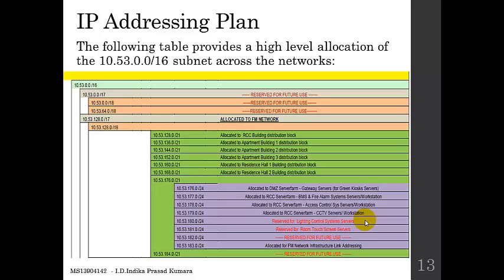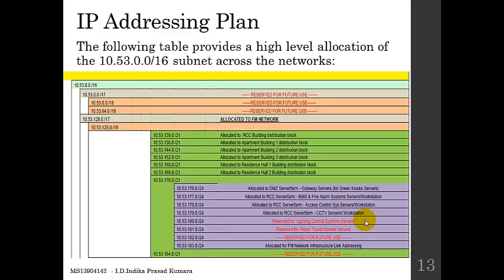For each building, the maximum number of host IP addresses will be less than 2000, so we plan to have 2000 IP addresses per subnet. Therefore we further divided into /21 subnets, which use the first 21 bits for the subnet address and the rest of the bits for the host.